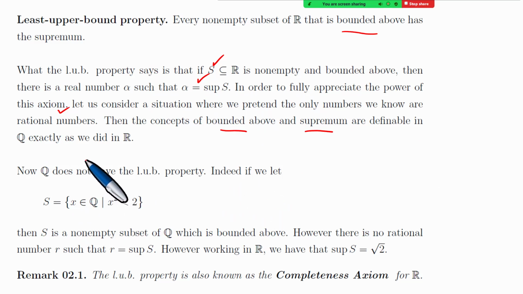Indeed, let us check that Q does not have the least upper bound property, the supremum property. Indeed, if we let S be the set of all x in Q, these are rational numbers, such that x squared is less than 2, then S is a non-empty subset of Q. Very interesting.